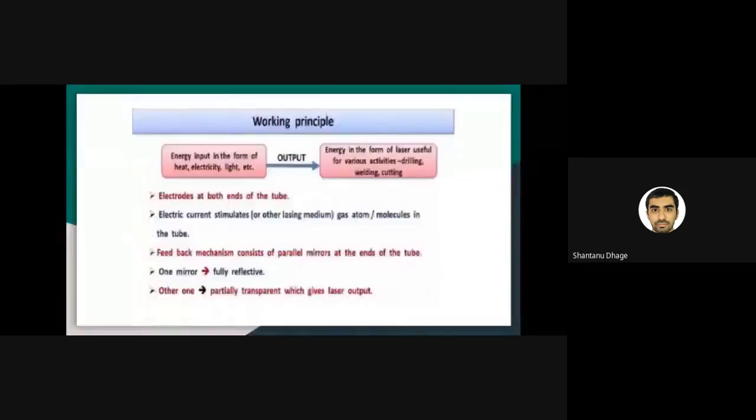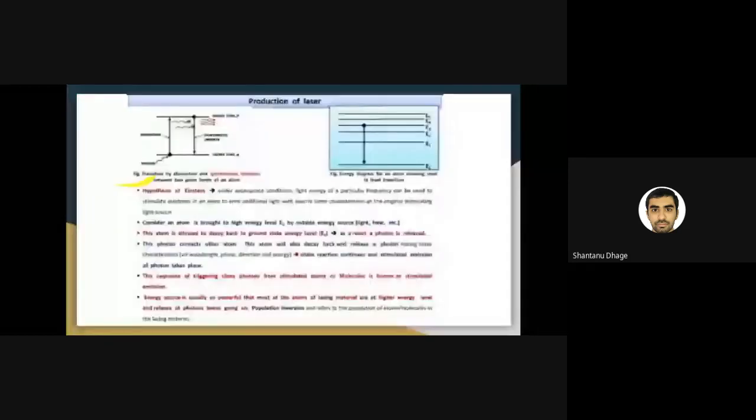And there are two mirrors used, one on the left side and one on the right side. And for stimulating the atoms of the lasing material, you have the energy source. This energy source can be electricity, heat, or light, but it has to be some appropriate energy source.